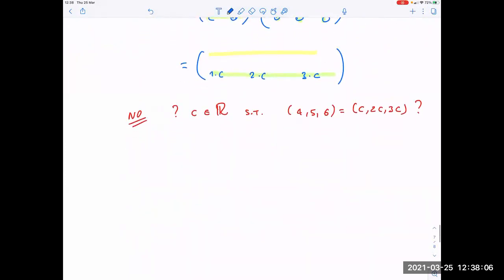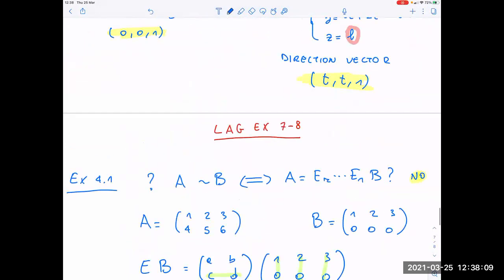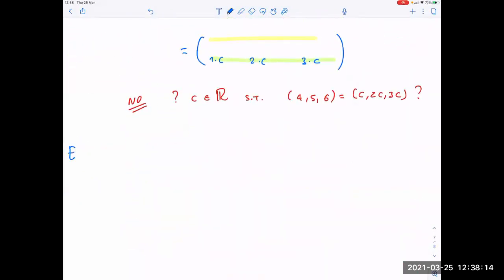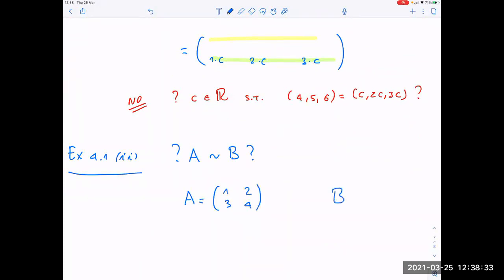So 4.13. So this was 4.1 first part. Then let's see quickly 4.1 second part. We are asked the same question. Is it true that these two are row equivalent, where A is 1, 2, 3, 4, and B is 1, 3, 2, a, and a is a real number?